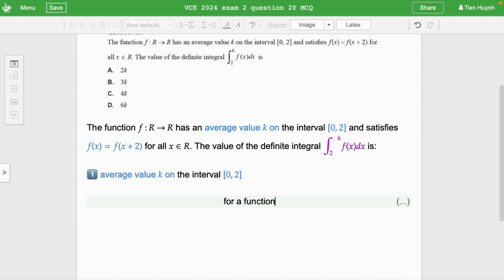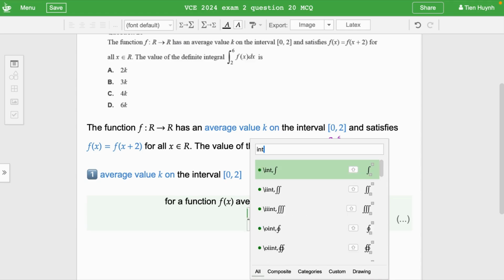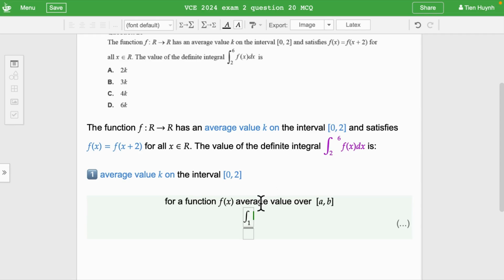for a function f of x, the average value of it over the interval from a to b will be given by the integral from a to b of f of x dx divided by b minus a.